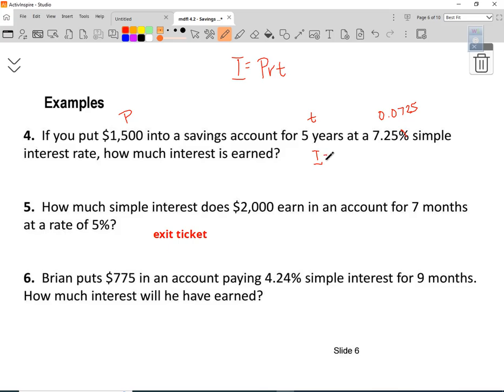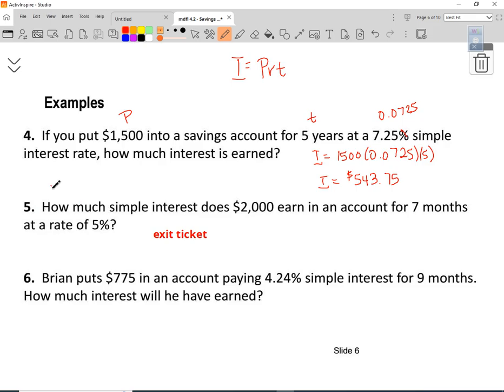So we're still plugging into this formula. The principal is $1,500 times 0.0725, and that is for 5 years. And then the amount of interest you would earn, because you are getting paid this on your savings account, $543.75.